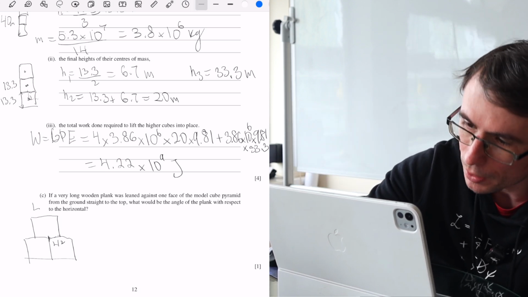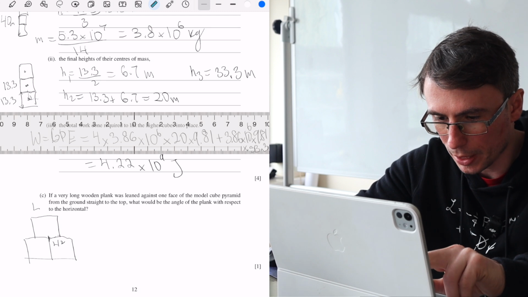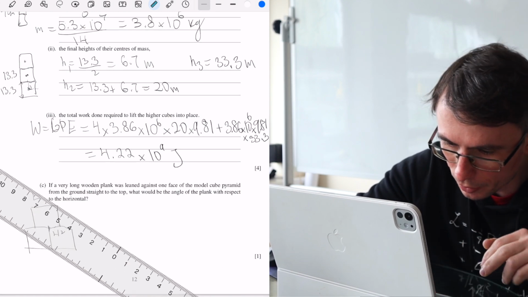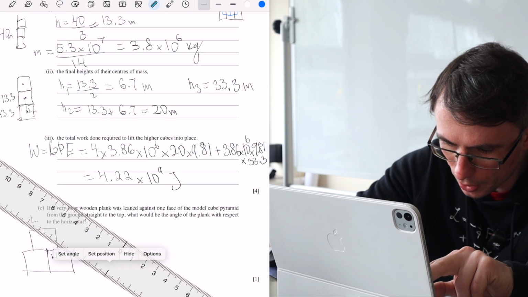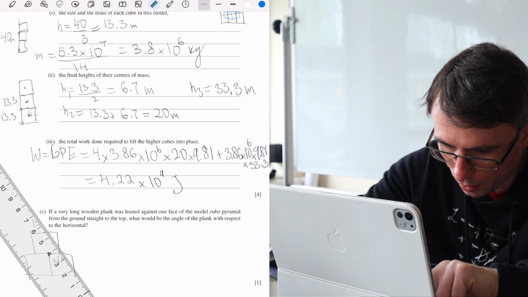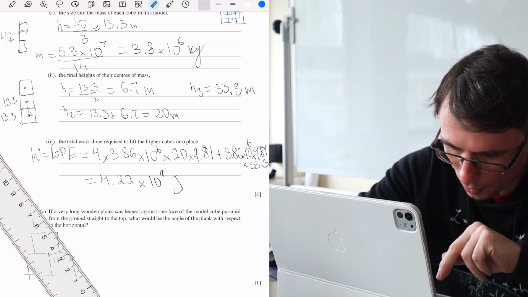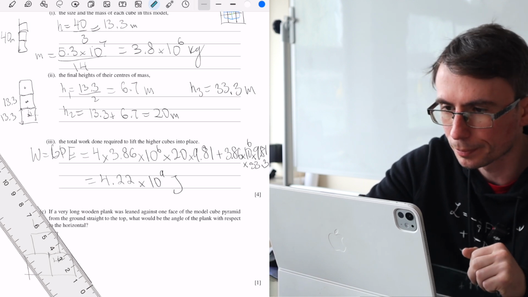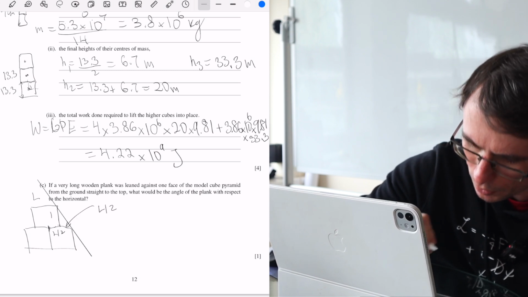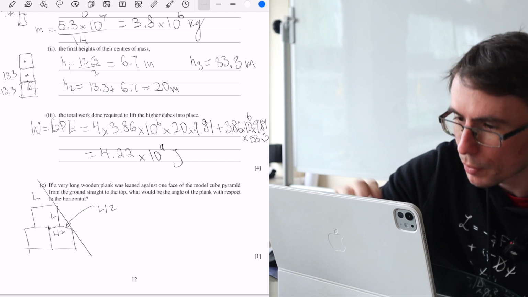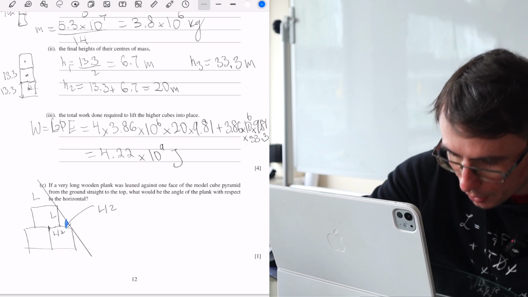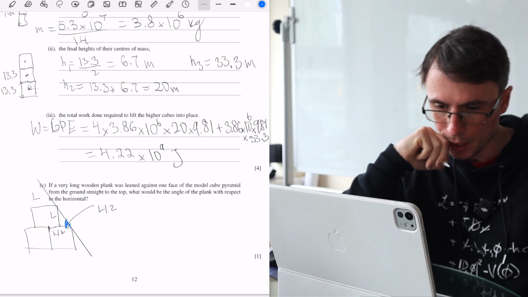Okay, well, if we consider the plank to be here, we could probably use some angles to work our magic. Well, this distance here is going to be L/2, this distance here will be L, and we want the angle to the horizontal, which is just going to be this angle over here.